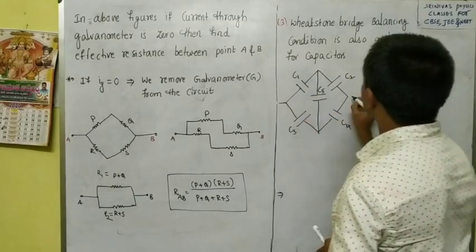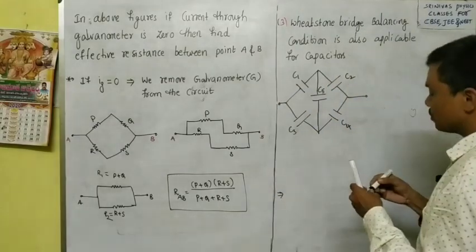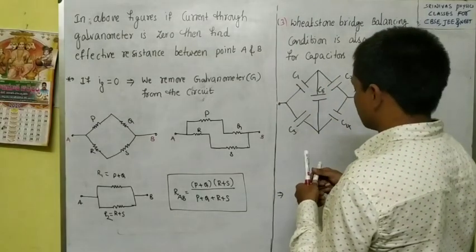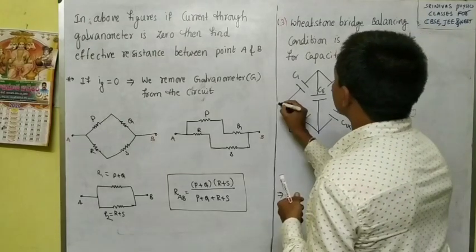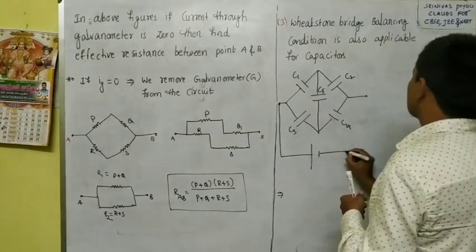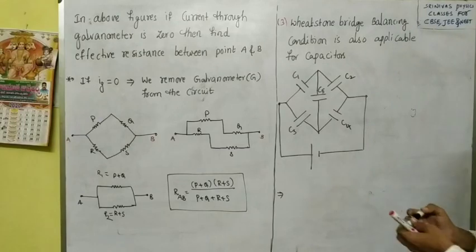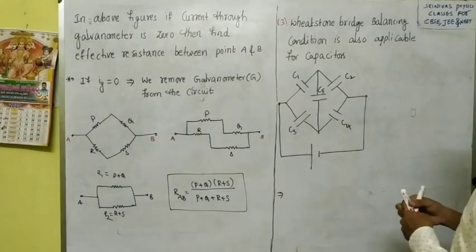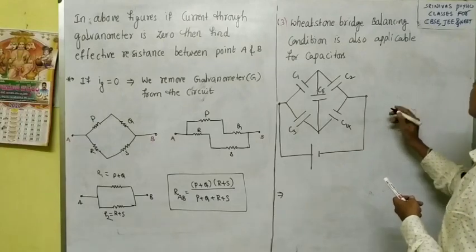And their combination is like this, and this point is connected to A and this point is B. Here I will connect this combination to some battery, like this. Okay, or otherwise we can draw this Wheatstone bridge diagram like this.